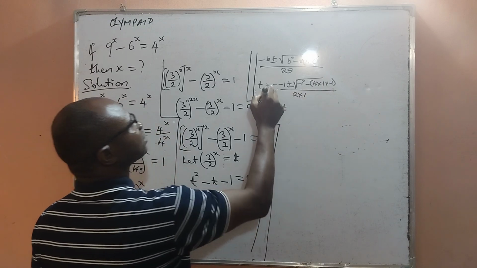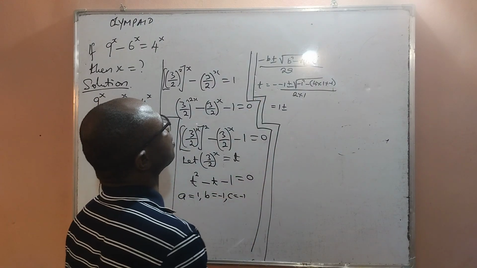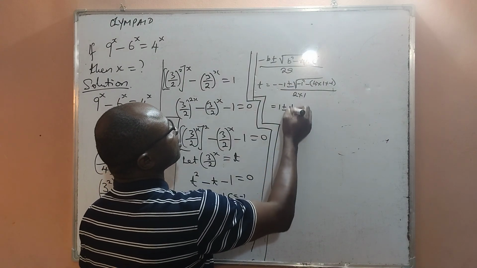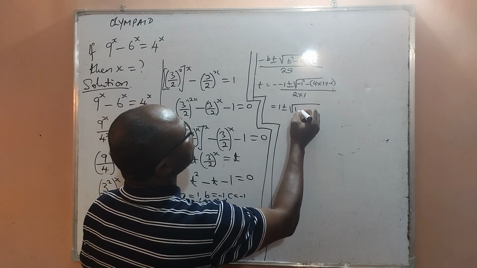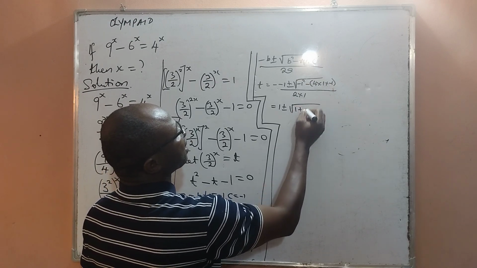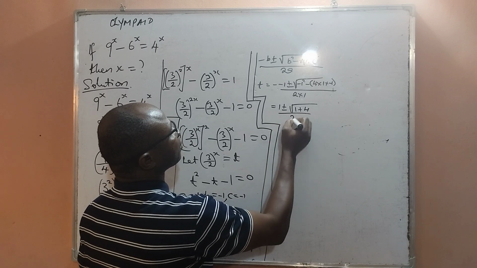So this is 1, plus or minus the square root of 1 squared, which gives 1, and then minus 4 times negative 1 gives plus 4, so 1 plus 4 is 5, everything over 2.